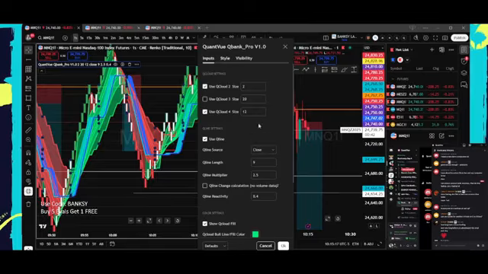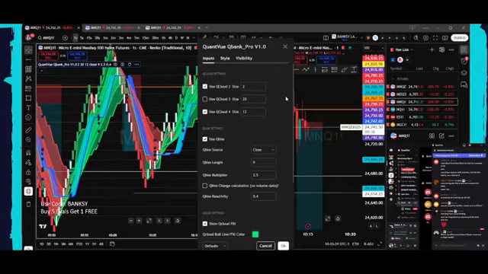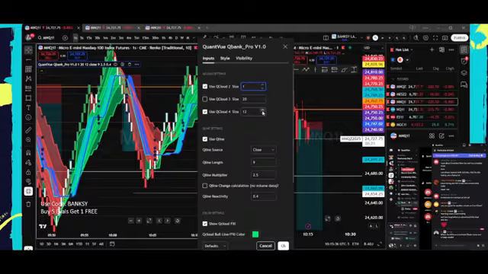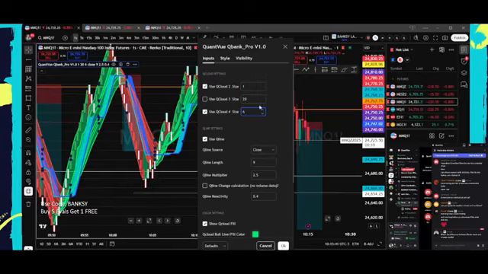So for the settings, every time you're choosing your two Q clouds, it's always 20% and 120% of the box size that you're using, right? So 20% of 10 is 2, 120% of 10 is 12, 20% of 5 would be 1, 120% of 5 would be 6, right?